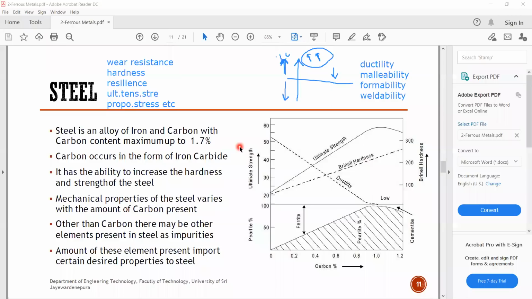So percentage of carbon influences the mechanical properties of steel and cast iron. That's a summary, right?